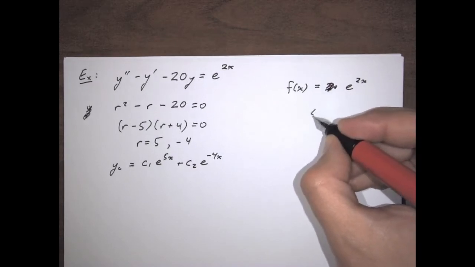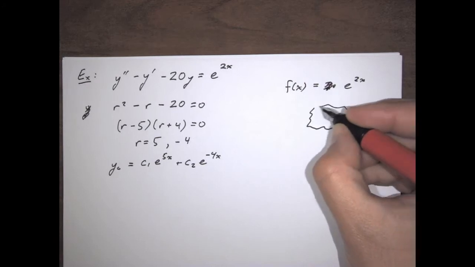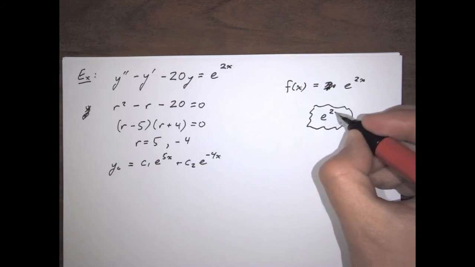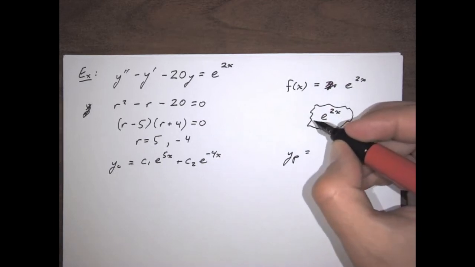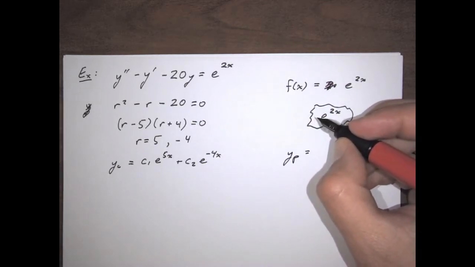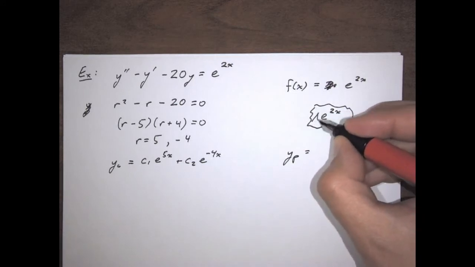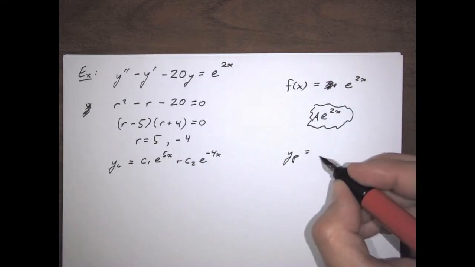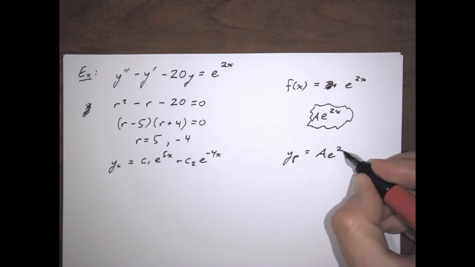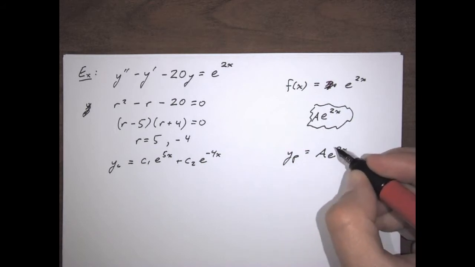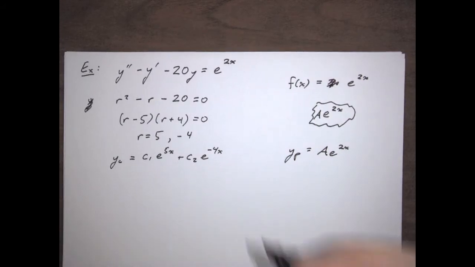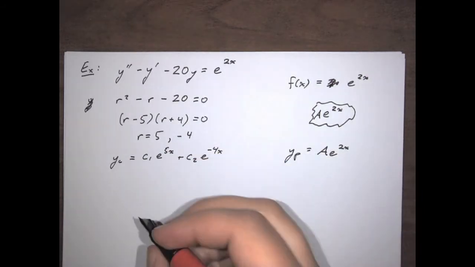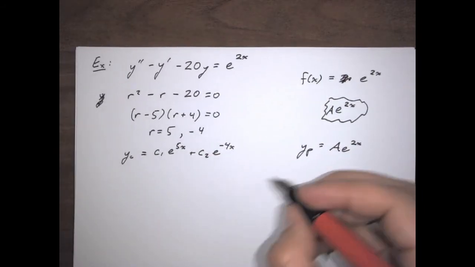So then the candidate that we get is e to the 2x, which means yp is just going to equal, and I guess put in a coefficient a, so yp is going to equal just a e to the 2x. Now, if this matched either of these, then we would need to put in enough x's to clear it. So it would have to be different from those ones. But because it's still the same, we don't have to worry about it.